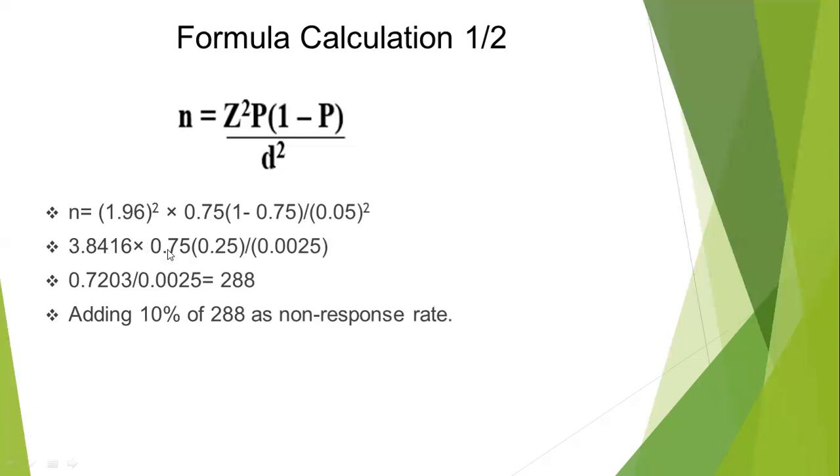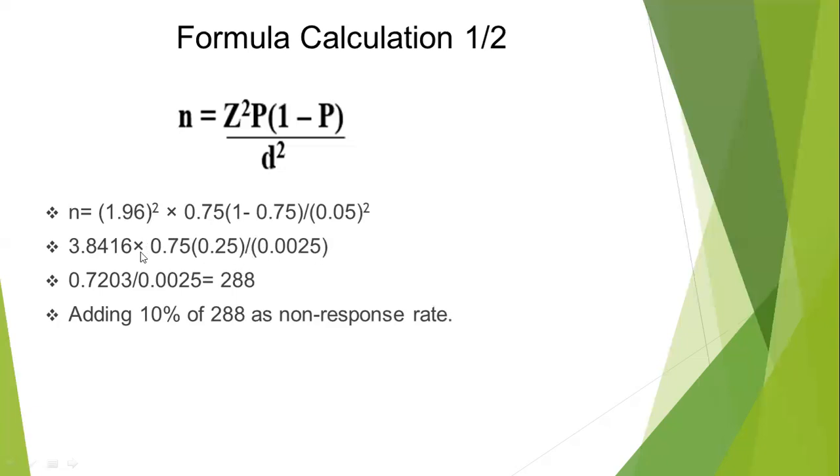We multiply it by the coverage, which is 0.75, that is the 75%. Bracket open, 1 minus 0.75 will give us 0.25, divided by the precision, the margin of error, which is 0.0025.